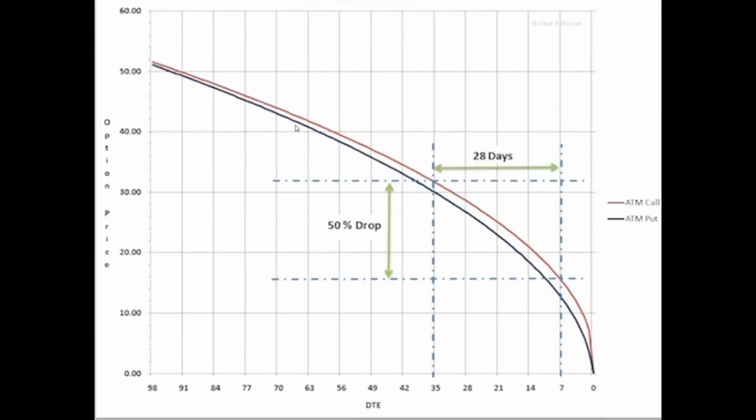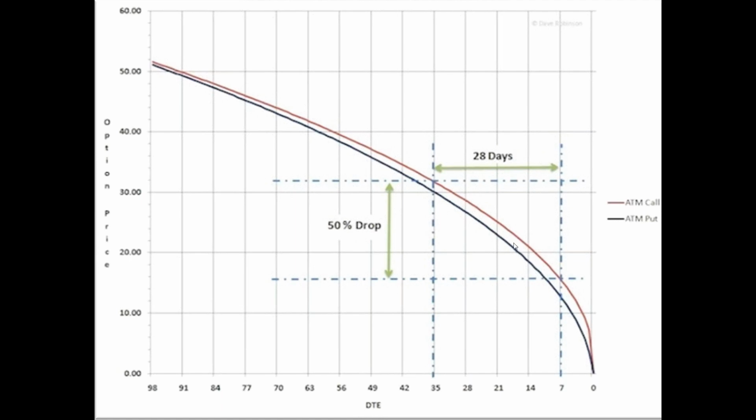And if we're looking at the at-the-money strikes for a particular stock, you can see that this theta decay starts really ramping up inside of 35 days. That's why I'm talking about closest to 35 days to expiration being where we want to be, because we want our strategy to decay quickly. That gets us to our profitability faster.